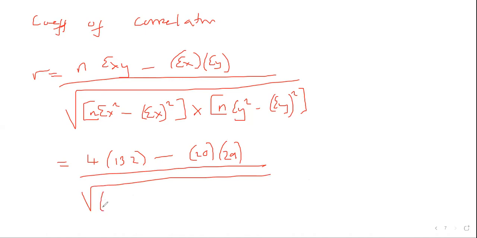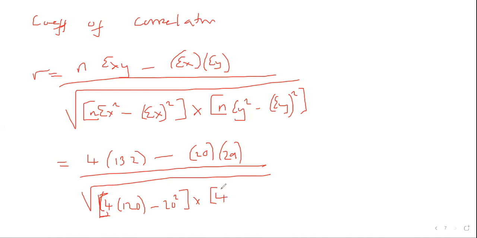So here we have 4 times, and put these brackets to differentiate them. Summation of x squared was 120 minus summation of x to the power 2, so 20 squared. You multiply this by our n, which is still 4.